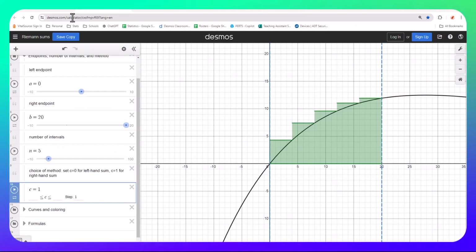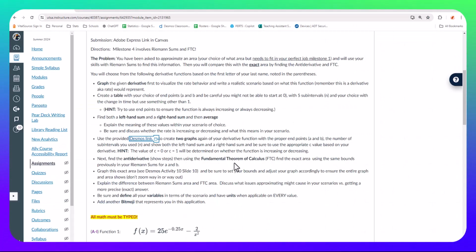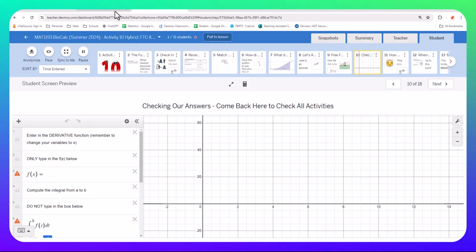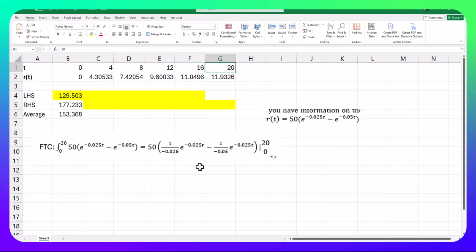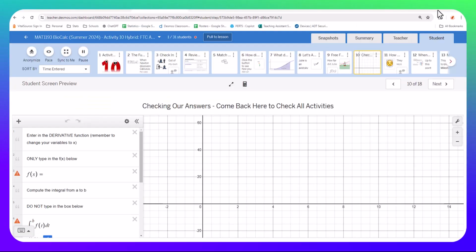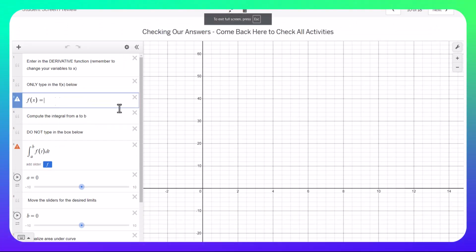And then from here, it tells you in the project to go to Desmos Activity 10, Slide 10. So it's okay to just now plug this in somewhere, but you do have to show finding the antiderivative. So I am on this slide. I am putting in the rate. Once again, you are not putting in the antiderivative.